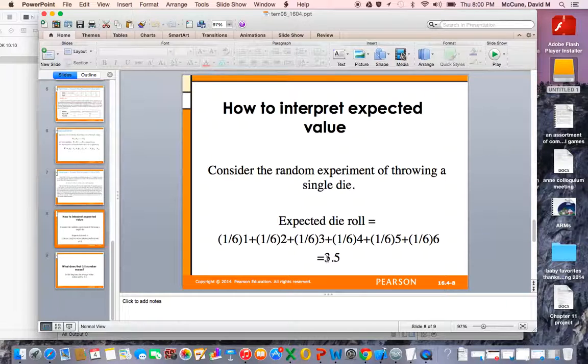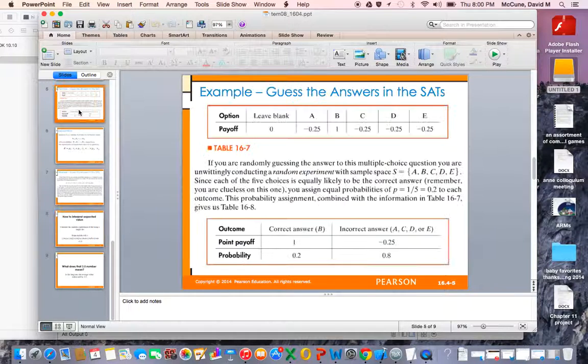Okay, so that's the idea of expected value and expected payoff. If in your homework you're asked about expected payoff or expected value, what you should do is build a table like this on a piece of paper. You should list your payoffs, which in this case there are only 2 of them, but you can imagine there might be more depending on the context. So list your payoffs, then list the probability of each payoff.